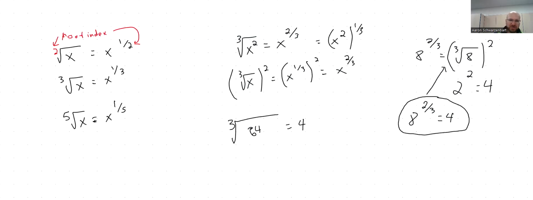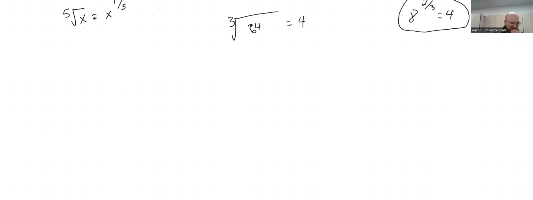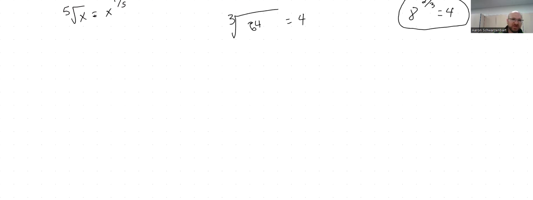So we've got a couple of different forms of these. Sometimes we will convert to exponential form. And if you can simplify an exponential form, like my 8 to the 2/3, let's do another one.